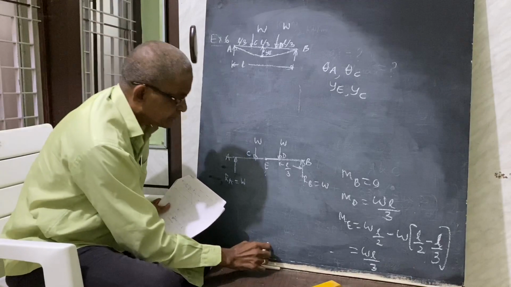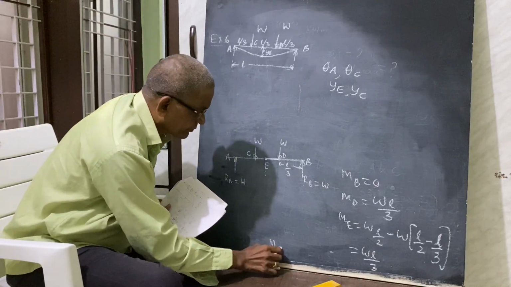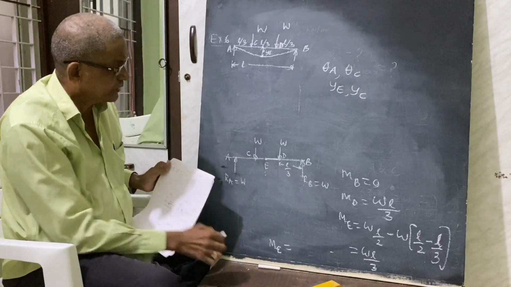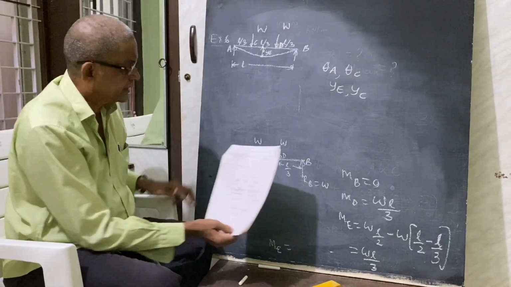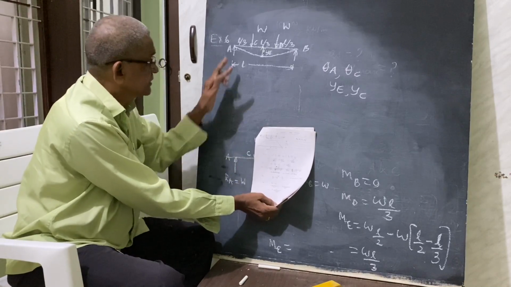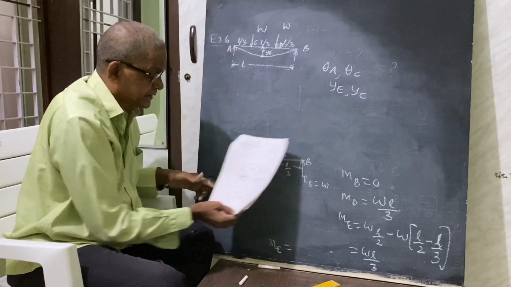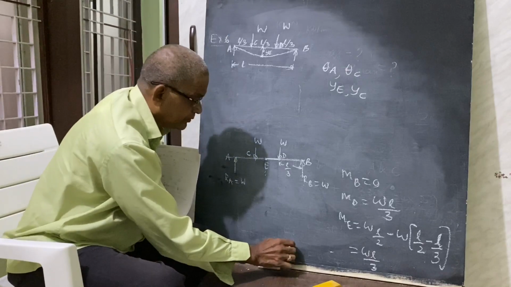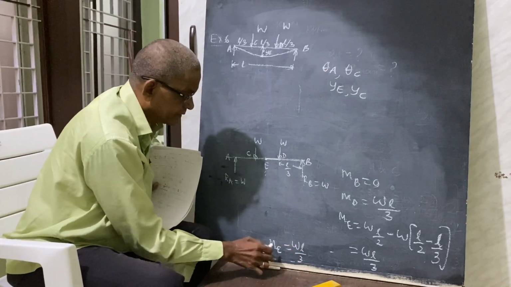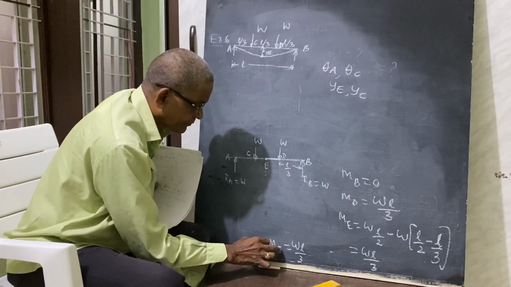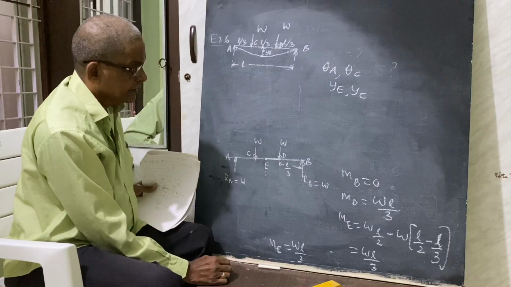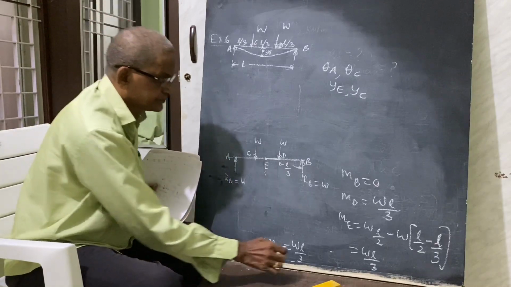Then you have moment at C. To find out moment at C, you can take from the left side. W into the distance, which is L by 3, W into L by 3. That is MC. And of course MA is 0.